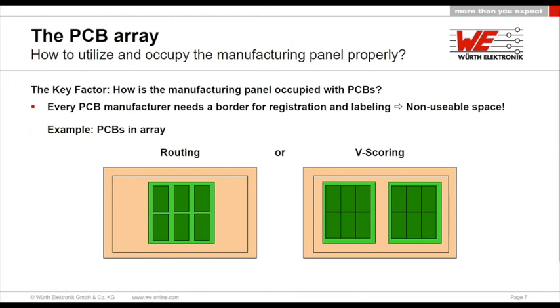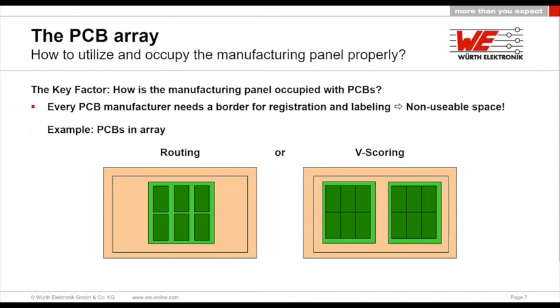When we look onto the PCB size, here in this example, it's still the same PCB size, but on the left side, the PCB itself in the array is being routed, and on the right side, the PCB is being V-scored. And here in that case, it doesn't matter if the outline of the array is being routed or V-scored.